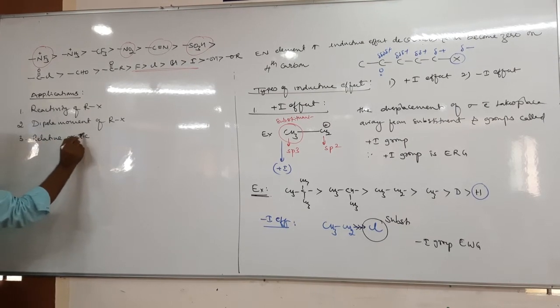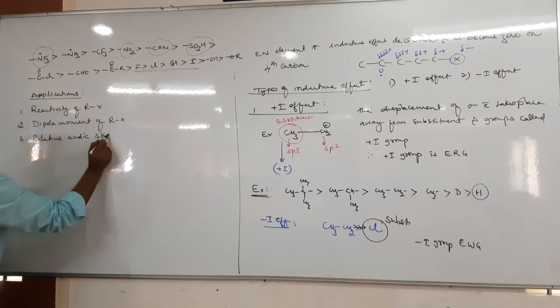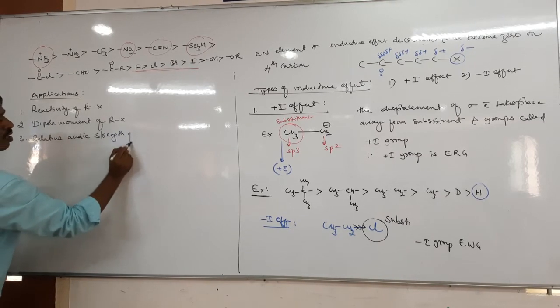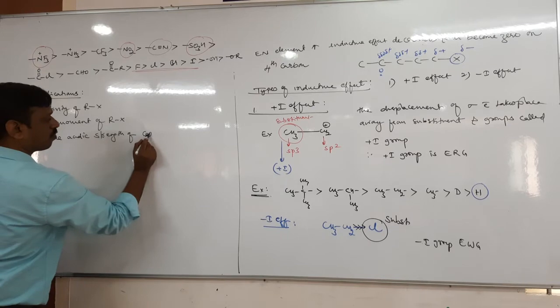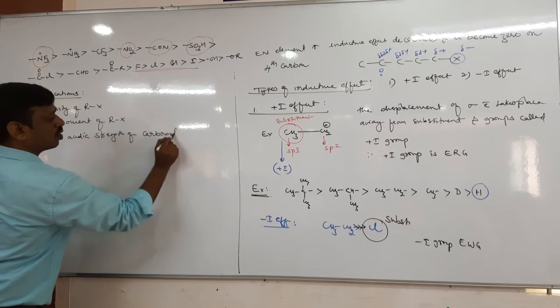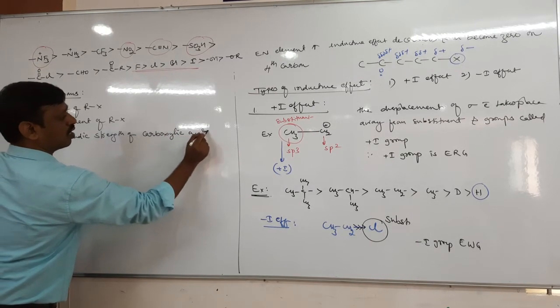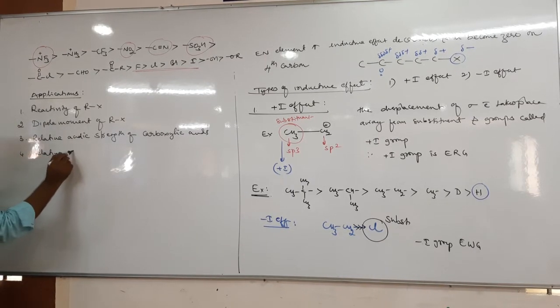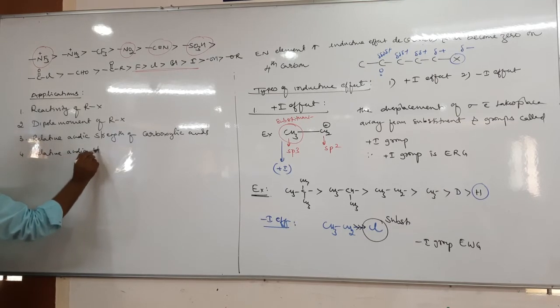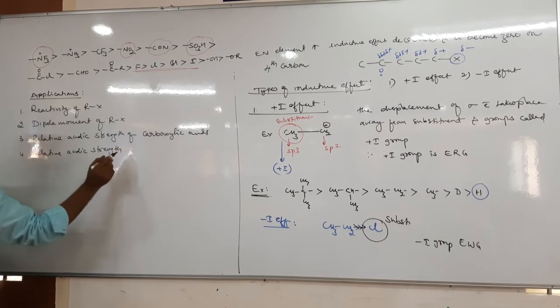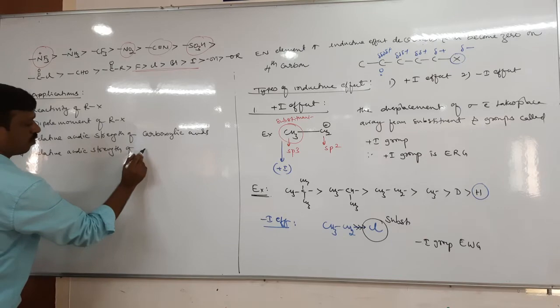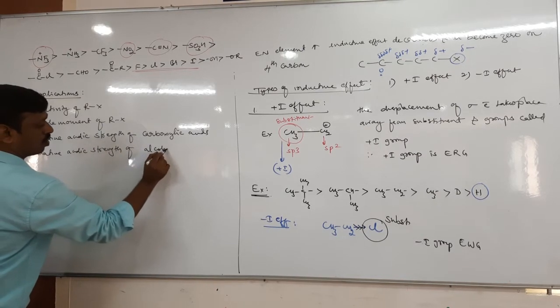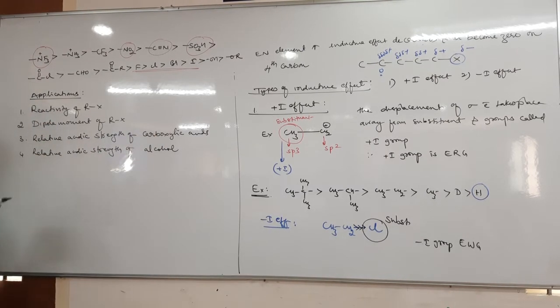Relative acidic strength of carboxylic acids. 4. Relative acidic strength of alcohol. 5.